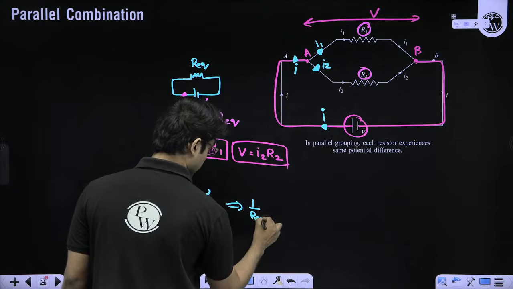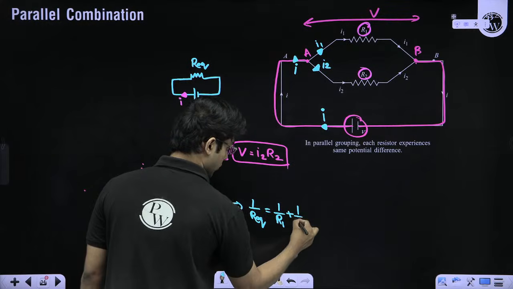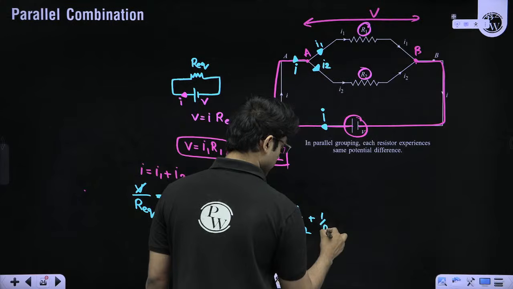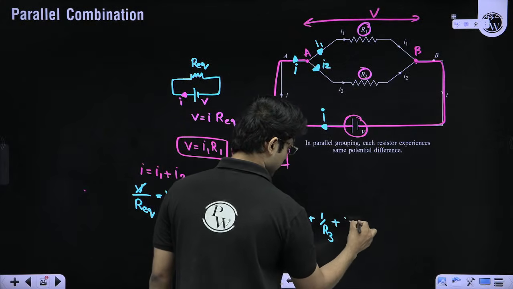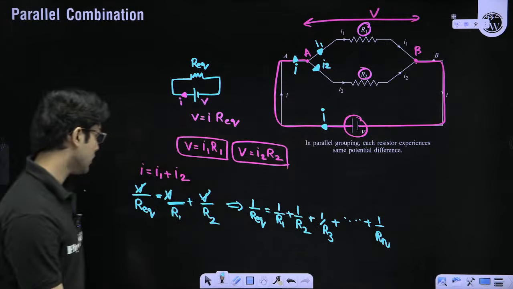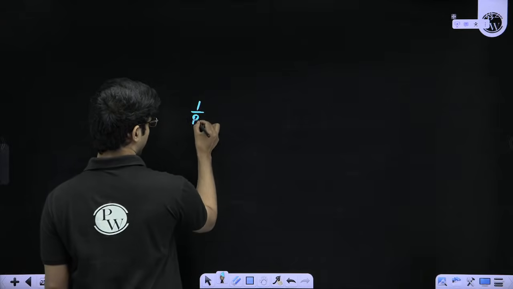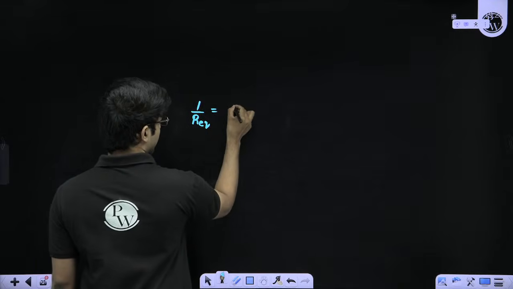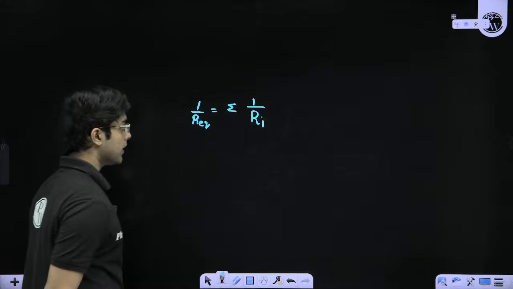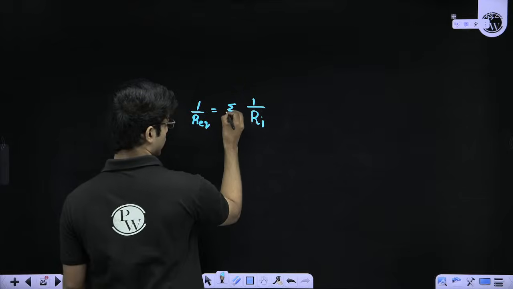So in the parallel case, the potential difference cancels out and we get 1 by R equivalent as 1 by R1 plus 1 by R2, and in case there were more resistors, it will simply add up: 1 by R3 and so on until 1 by Rn. So for the parallel formula, 1 by R equivalent is sigma of 1 by Ri, from i equal to 1 to n.